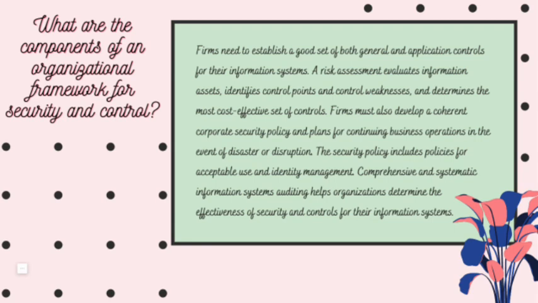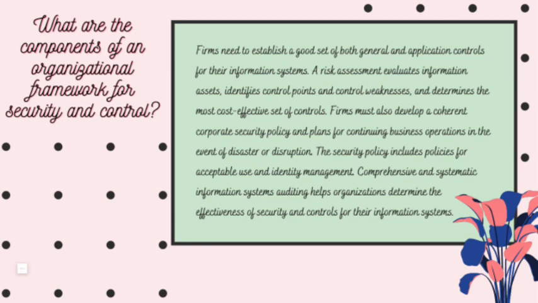Firms need to establish a good set of both general and application controls for their information systems. A risk assessment evaluates information assets, identifies control points and control weaknesses, and determines the most cost-effective set of controls. Firms must also develop a coherent corporate security policy and plans for continuing business operations in the event of disaster or disruption.